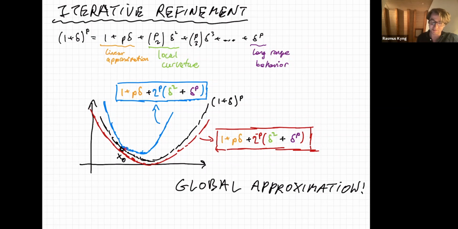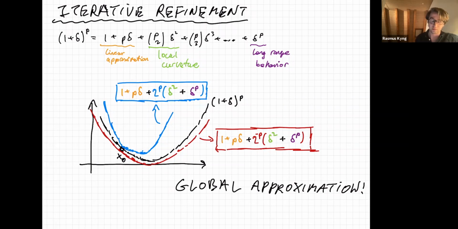Now we have a function that sits above the true function everywhere. And we can scale it with a factor 2 to the minus p. Now we have a function that sits below everywhere. And these functions globally approximate the true thing.